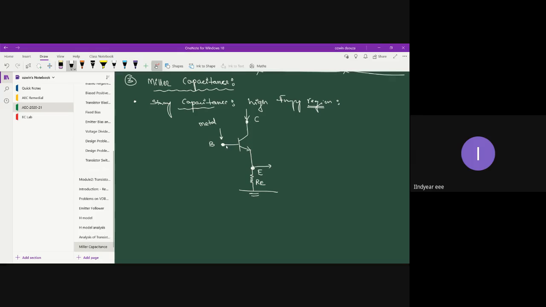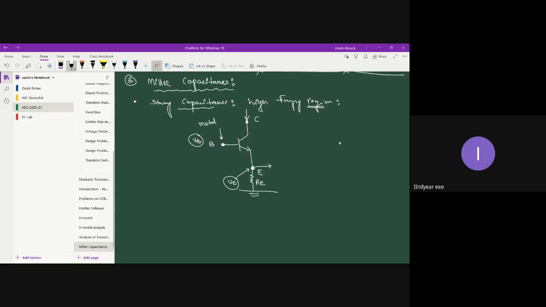But during the transistor operation, the base terminal will be at some voltage VB, and the emitter terminal will be at some voltage VE. Both are made up of metals.